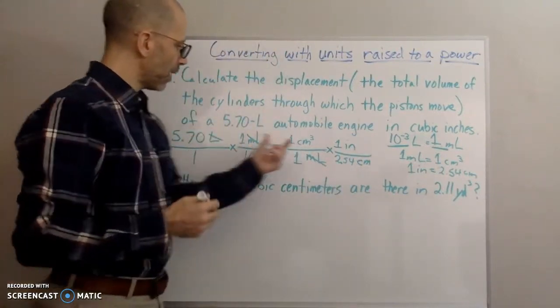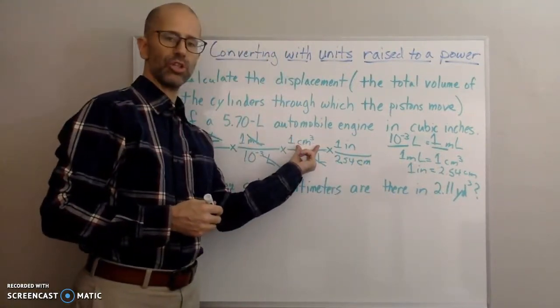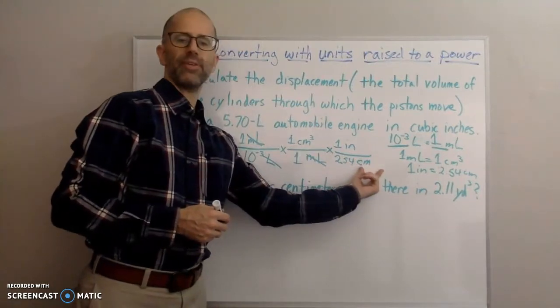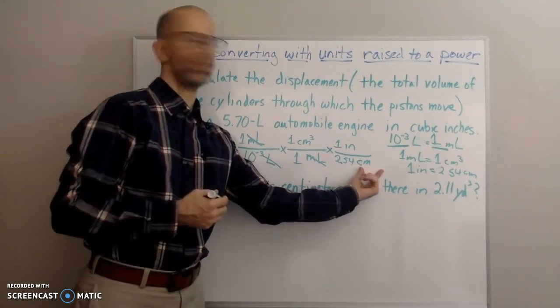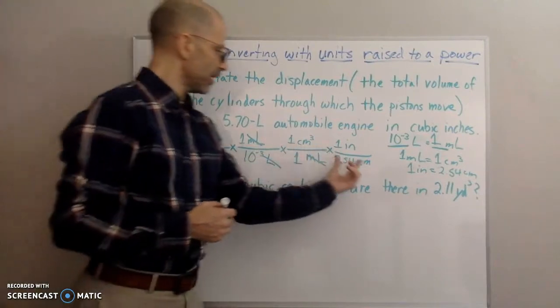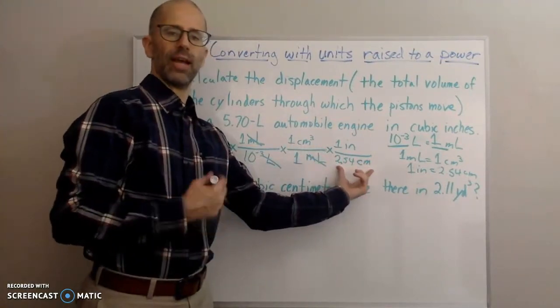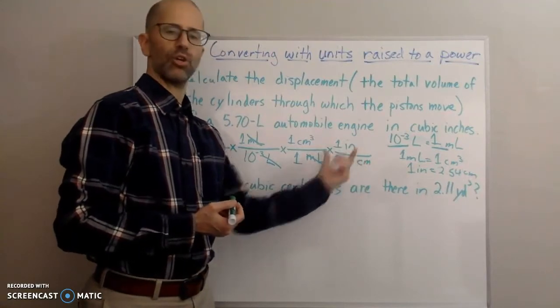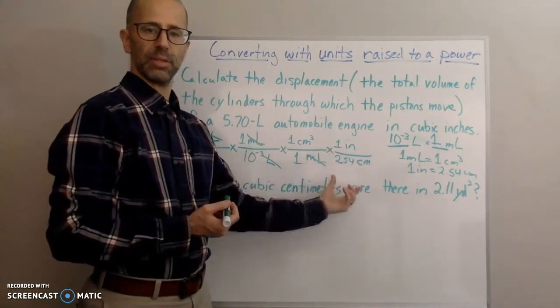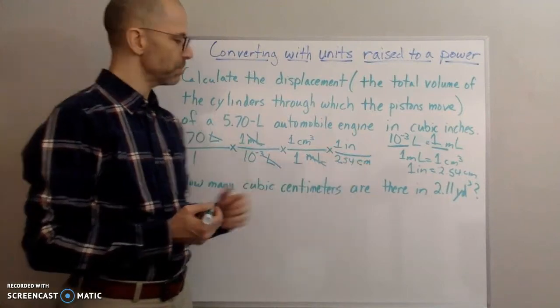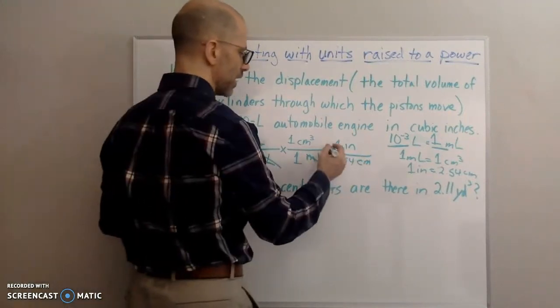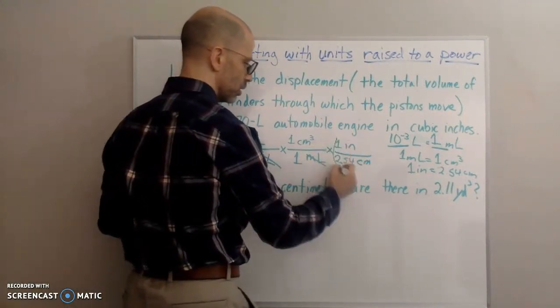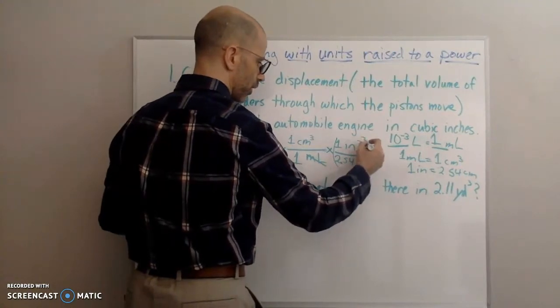And then I take the 1 inch and I put it on top. So I have centimeters cubed here, but I only have centimeters here. How do I get centimeters cubed? Well, if I cubed everything, then I could get centimeters cubed. But if I cube the bottom, then I need to cube the top to keep it the same relationship. So all I do is I just cube the whole thing.